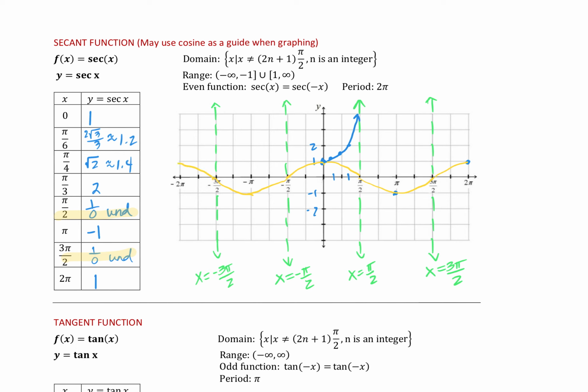So wherever cosine is equal to 0 is where we have our asymptotes. And then the graph is going to go in the opposite direction. So you could see that it's exactly like cosecant. You start at the point they share, which would be either 1 or -1, and then you're either going to go up or down, depending on what the cosine function is doing. So always going in the opposite direction. And this would be our secant.